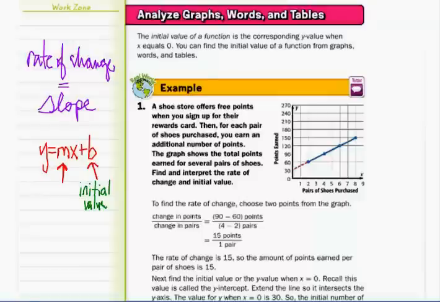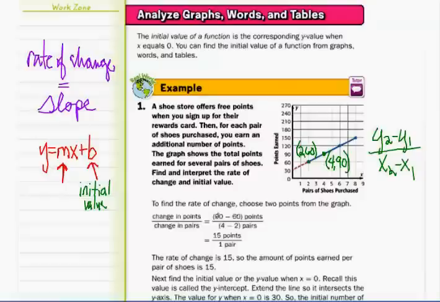So rate of change you could get just by using the slope formula. Remember y2 minus y1 over x2 minus x1. So you can take, it says 90 minus 60. That's our 2 points right here, our two y's, because this one is 2, 60, and this second point is 4, 90.